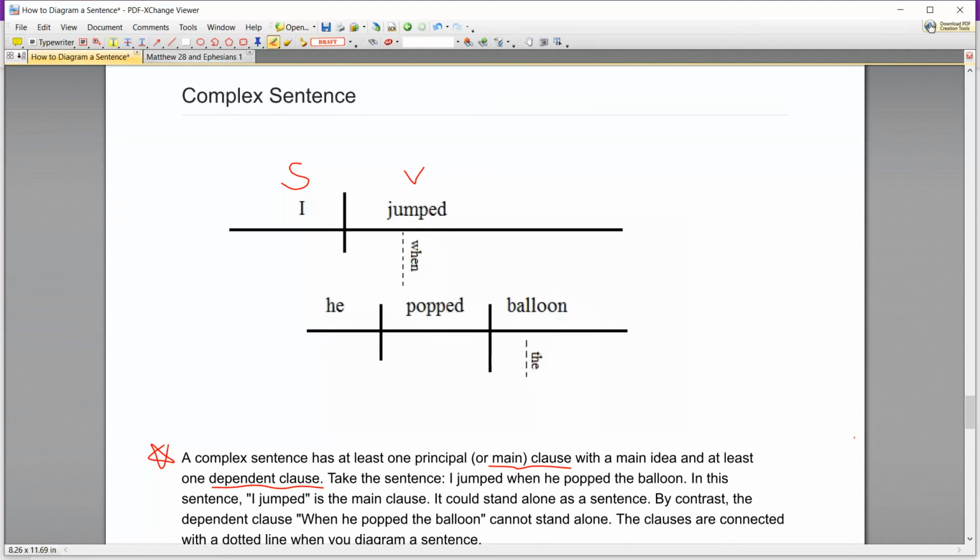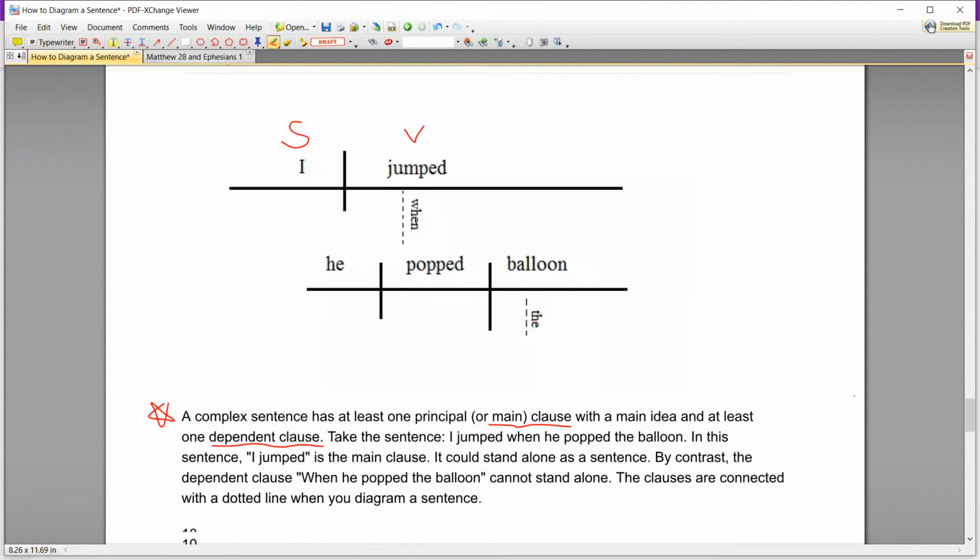And then you connect the dependent clause to the main clause by a dotted line. And then you write when, how, why, those conjunctions.